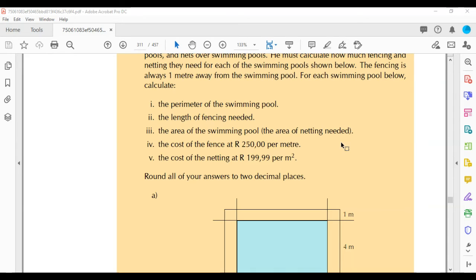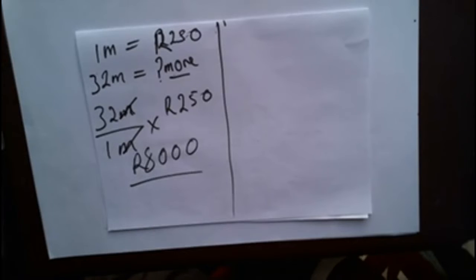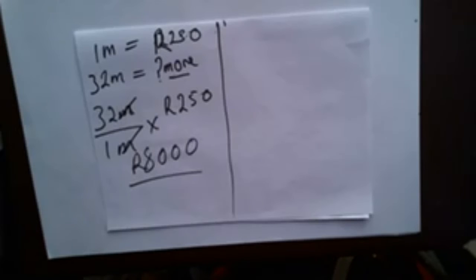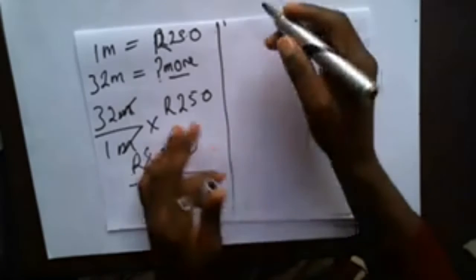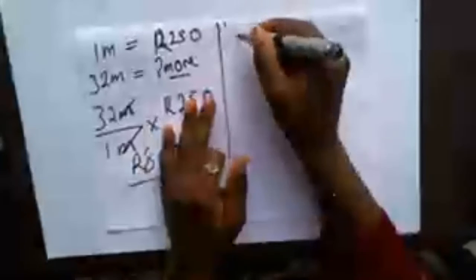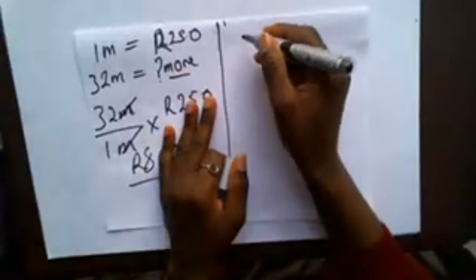This is the cost of the netting. What is the area to be covered by this net? The area to be covered again is 32 meters squared. So this one is simple enough, straightforward, like the previous one.